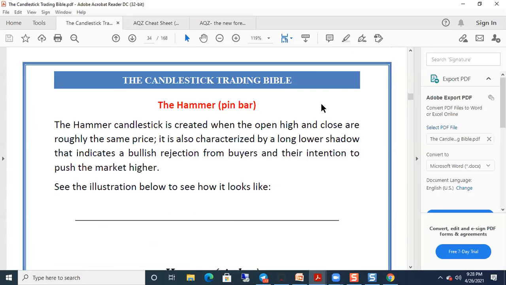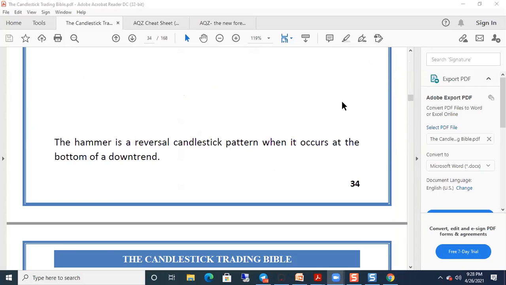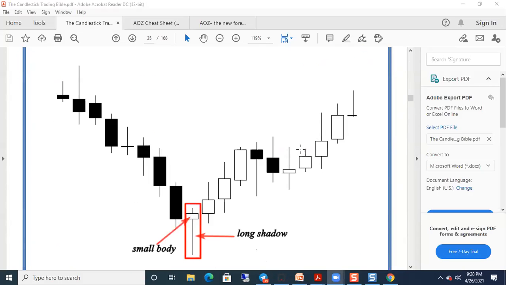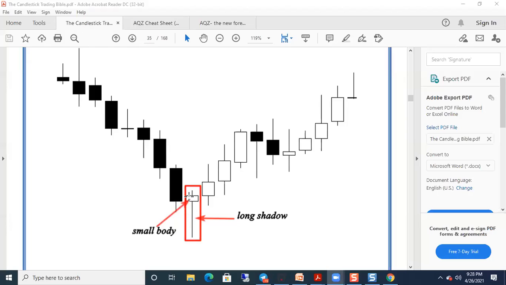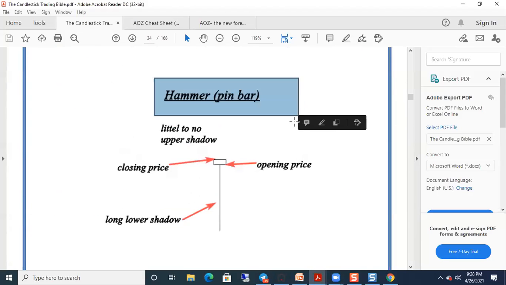It's also known as the hammer. And of course, it looks just like the hammer. The only variation being that in real life, sometimes it will have a small wick at the top, right? You find that very, very often. So in this case, again, note this. This is a pin bar.